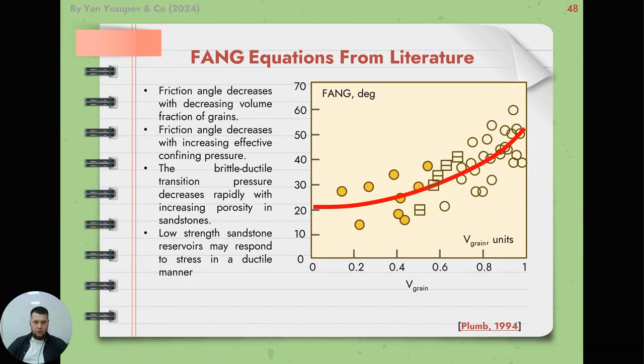One of the well-known friction angle equations from literature is the Plumb correlation, which shows that the friction angle decreases with decreasing volume fraction of grains. In other words, sandstones have a higher friction angle than clays.